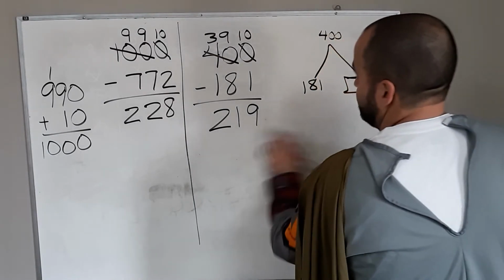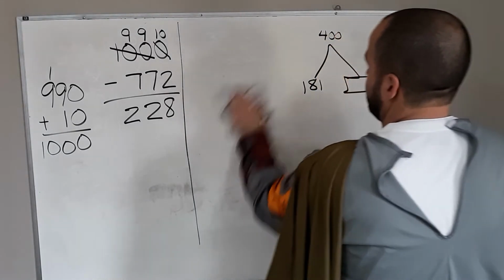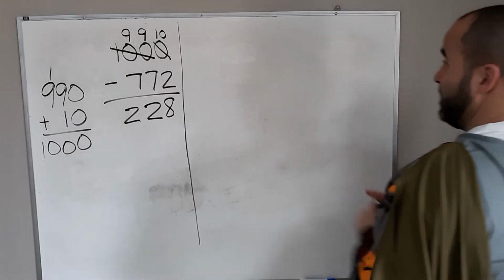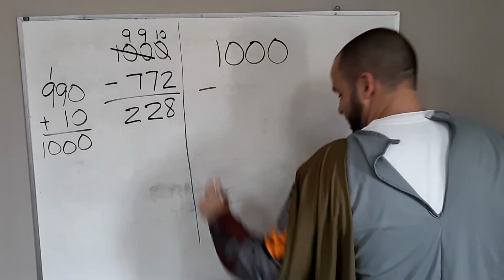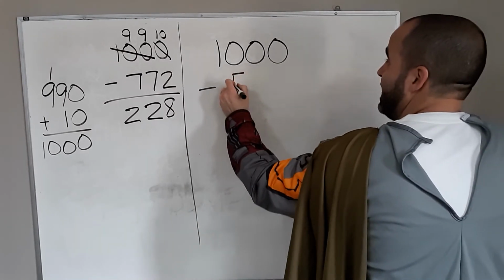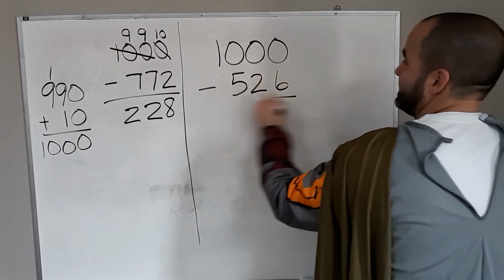We'll just do the top 2 together, and then you can do the rest on your own, just so you have an idea of how these work. Okay? Again, we're starting with 1,000, and we are subtracting 526.